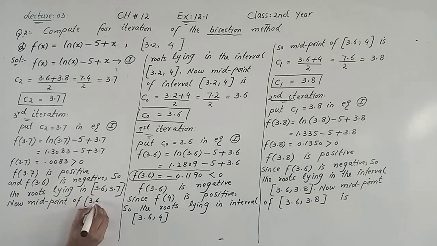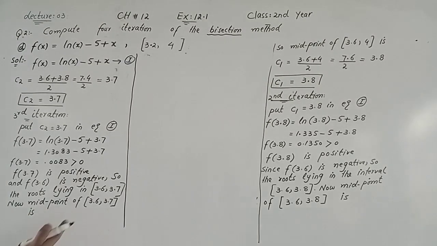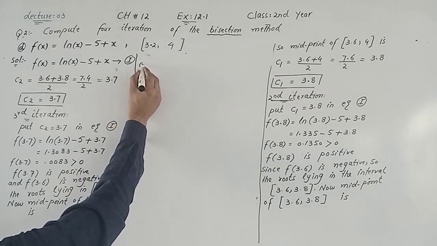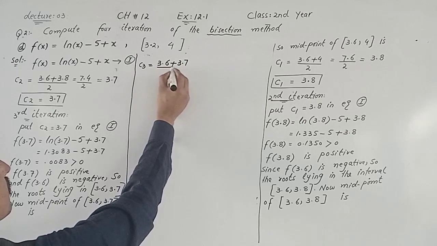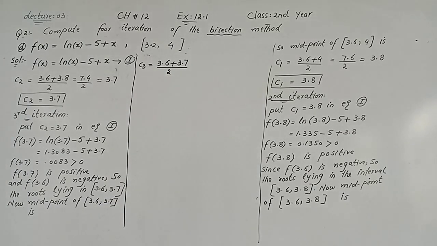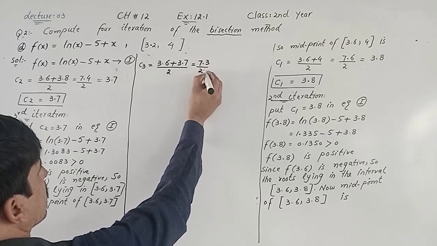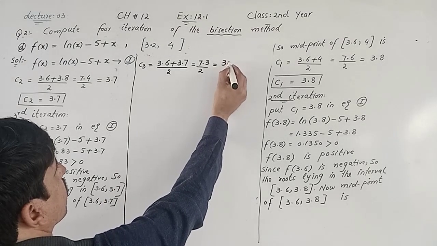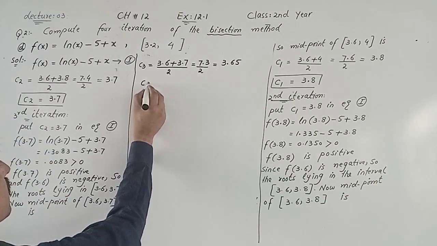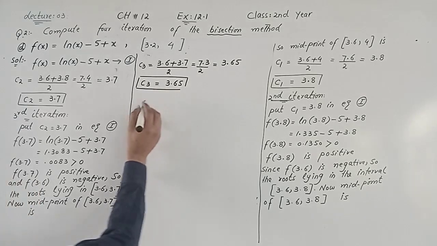Now midpoint of interval 3.6 to 3.7 is, say this is C3, which is 3.6 plus 3.7 divided by 2, इससे हमारे पास आ जाएगा 7.3 divided by 2, इससे हमारे पास आ जाएगा 3.65. C3 is equal to 3.65.